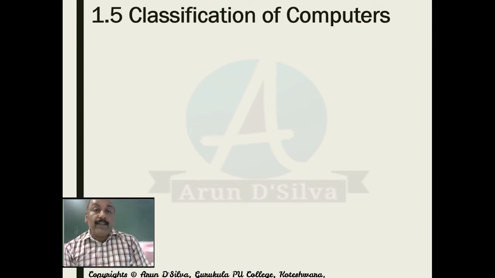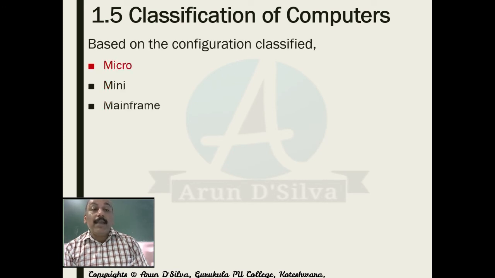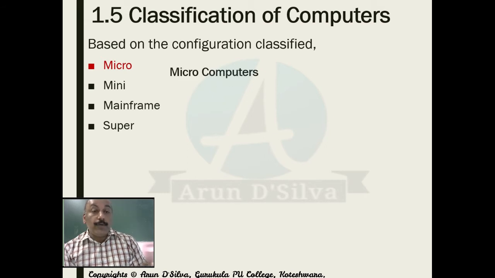Continuing in the classification, as I told you, the next part I'll discuss is how we can classify computers based on configuration. That is in 4 ways: microcomputers, minicomputers, mainframe computers, and supercomputers. Then what are microcomputers?